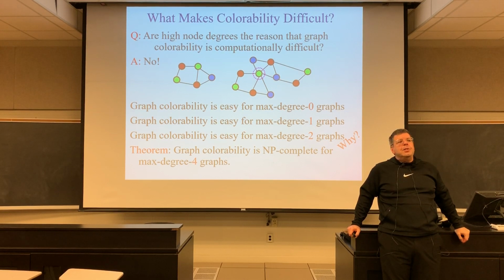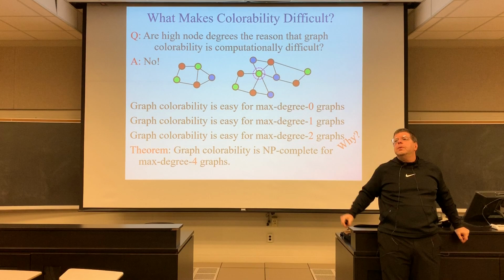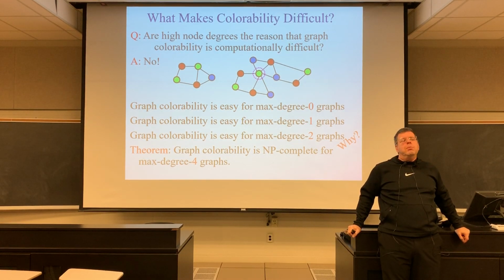Cycles, chains, and isolated nodes? Yeah, you could. Why wouldn't it take more than 3 to paint, say, a chain? How many colors will it take to paint a chain? 2. A cycle? At most 3. Or 2, but at most 3.